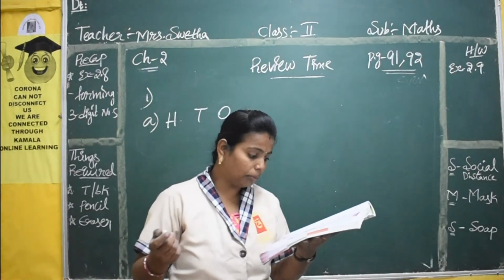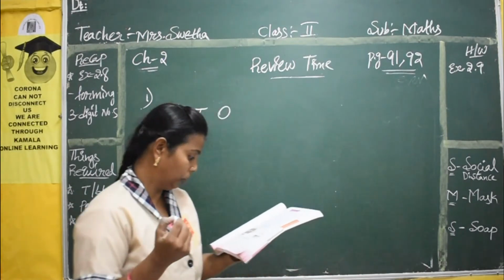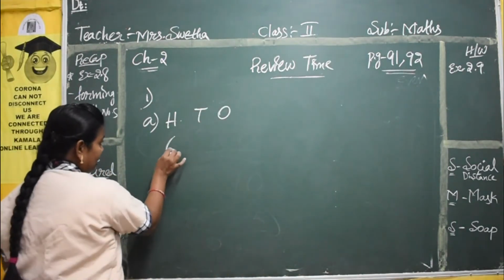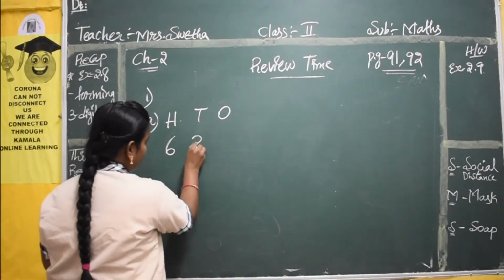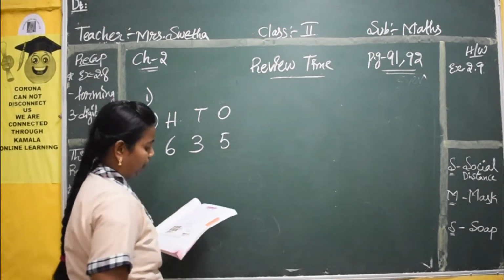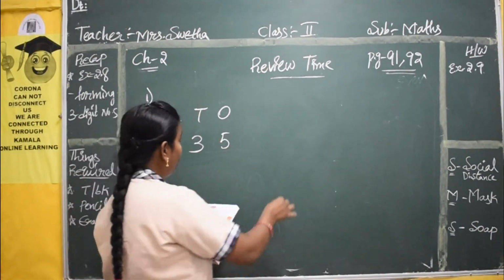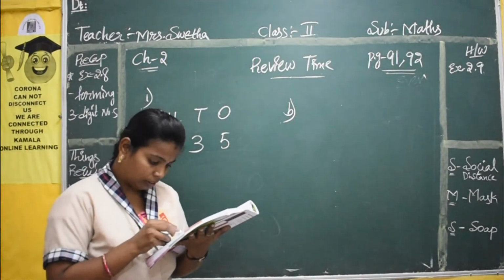You can check in your term book. In the 100 place they have given 6 squares, 3 tens, and 5 ones. Okay, B1 only counting you have to do.